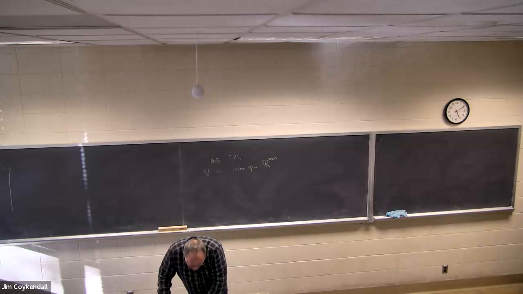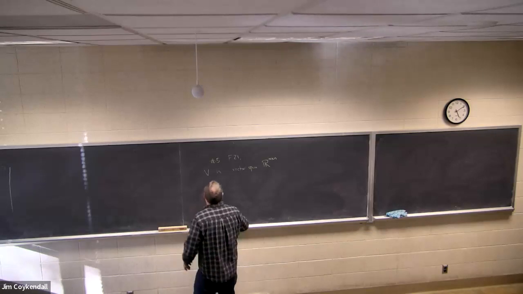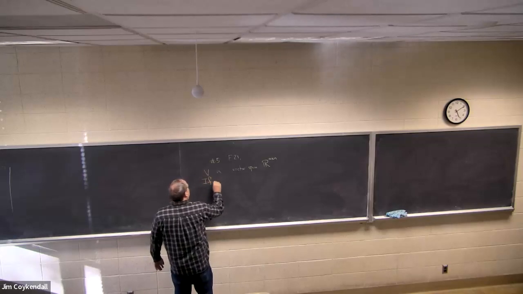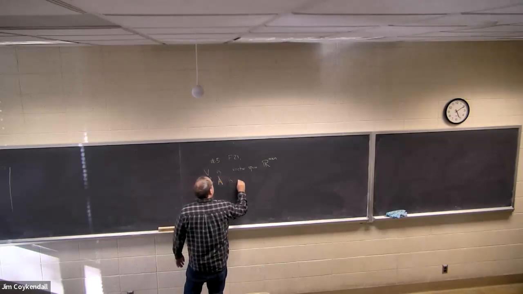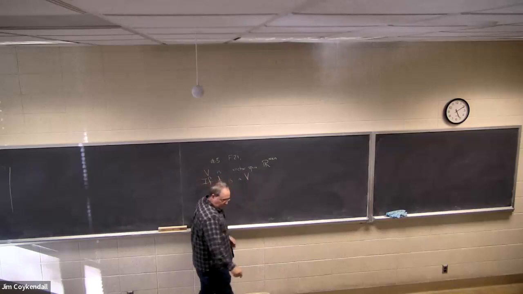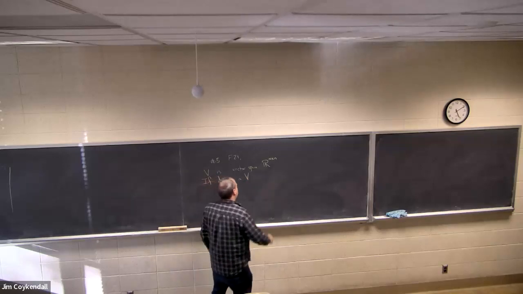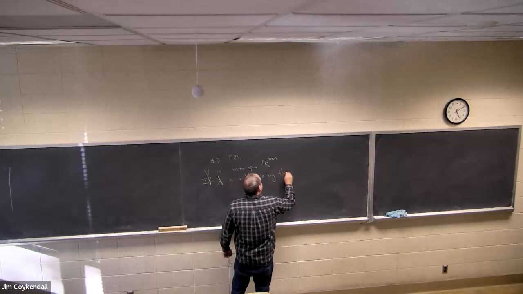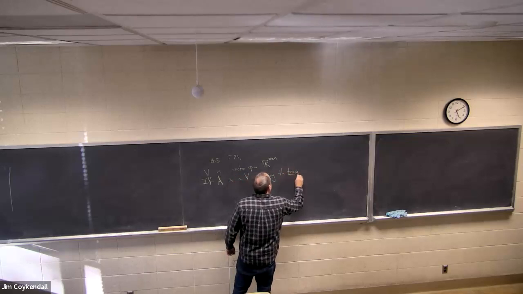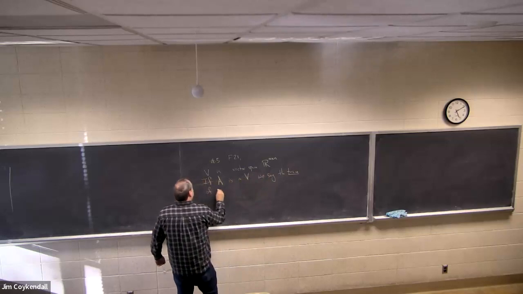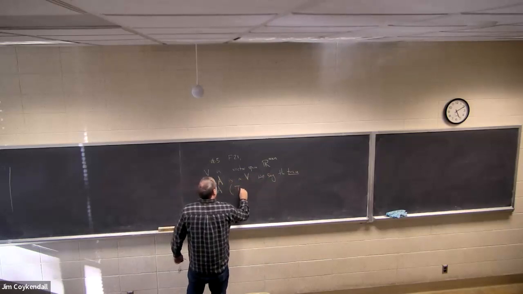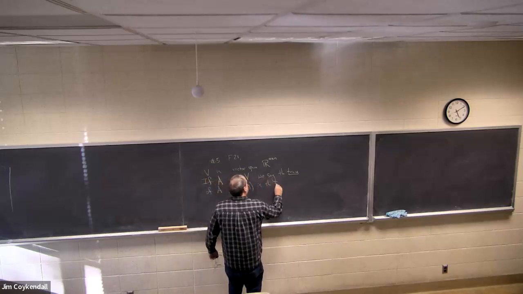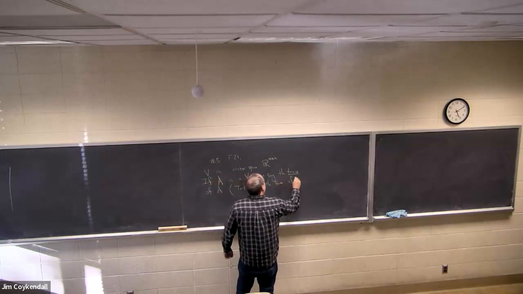We say the trace of A, where A is some n by n matrix, the trace of A is the sum of the diagonals.